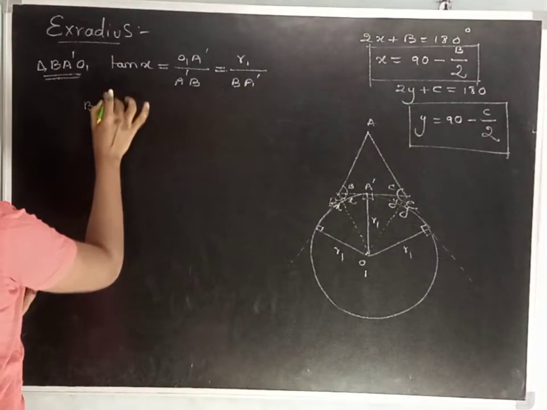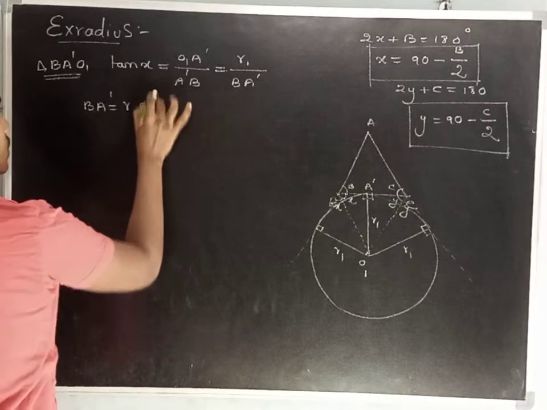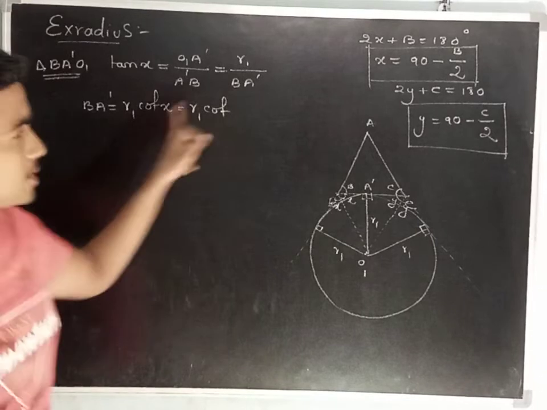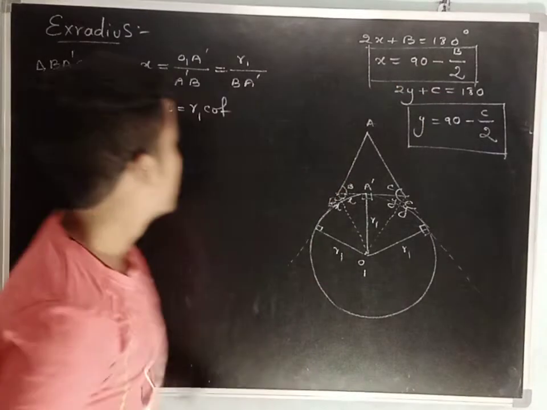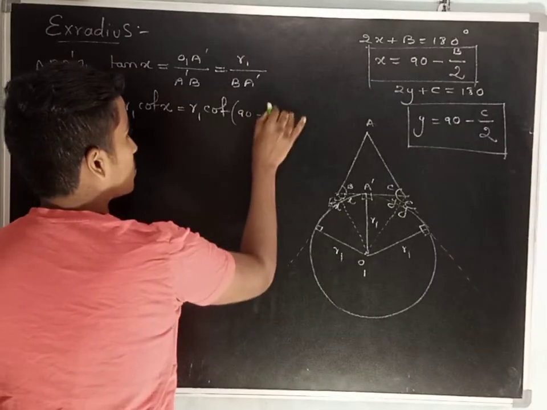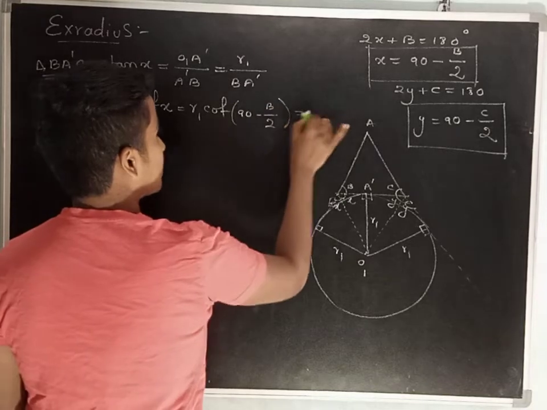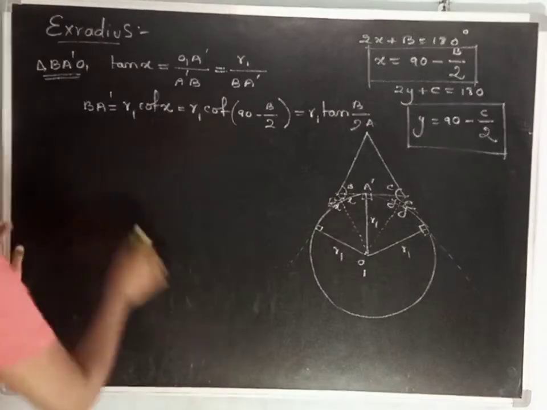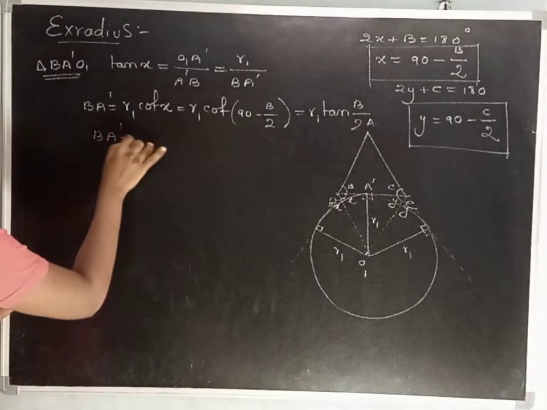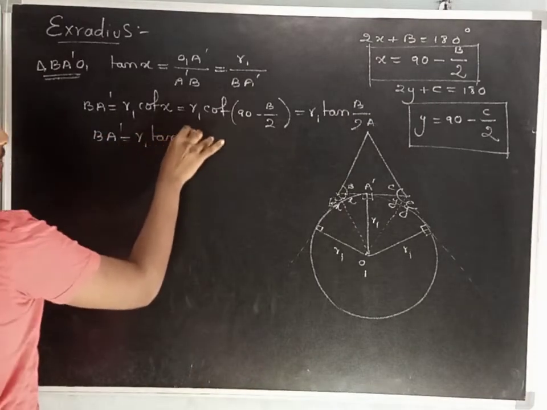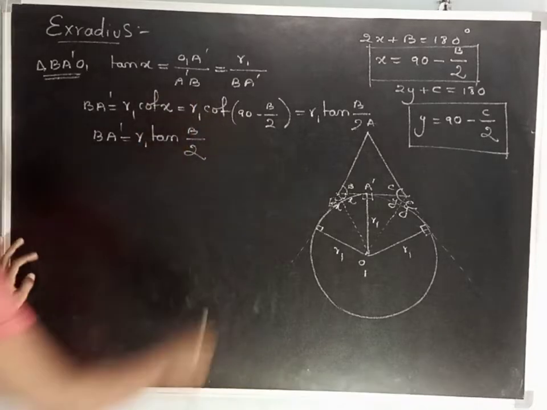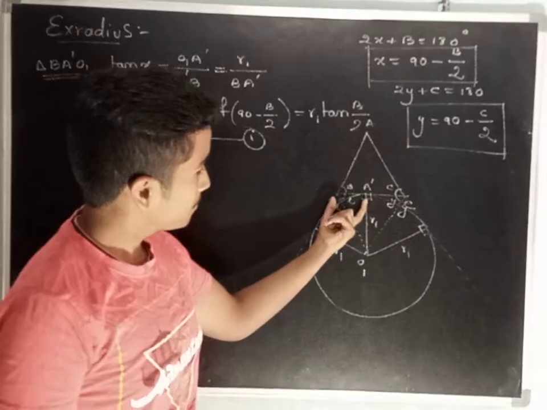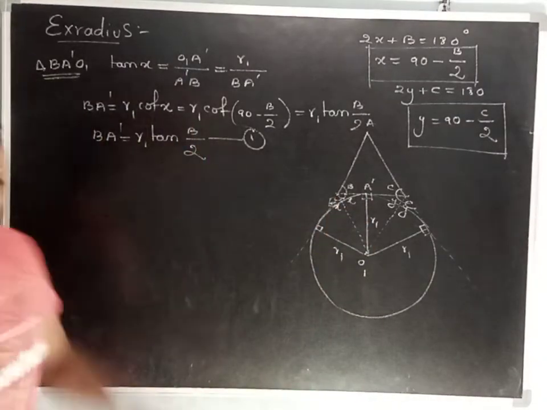So B A dash is going to be R1 into cot x, which is R1 into cot of 90 minus B by 2, which is nothing but R1 tan B by 2. So B A dash is equal to R1 tan B by 2. This is our first result. This length B A dash is going to be R1 tan B by 2.